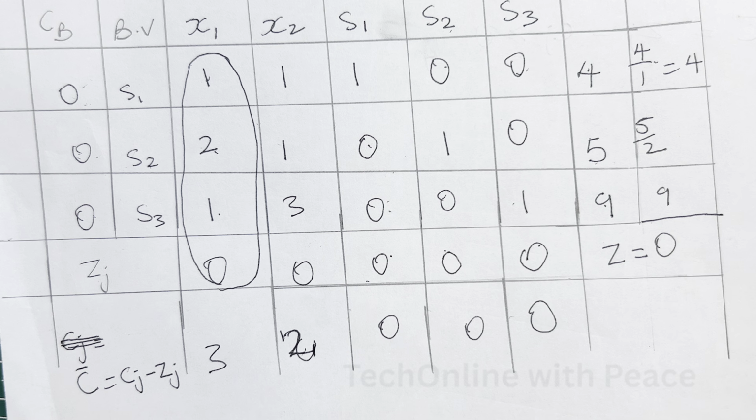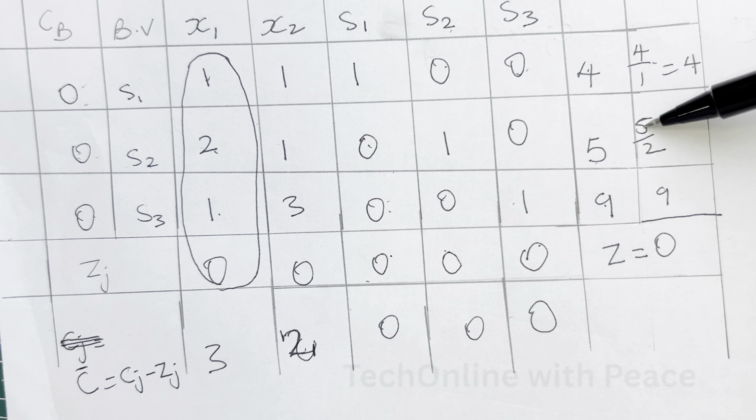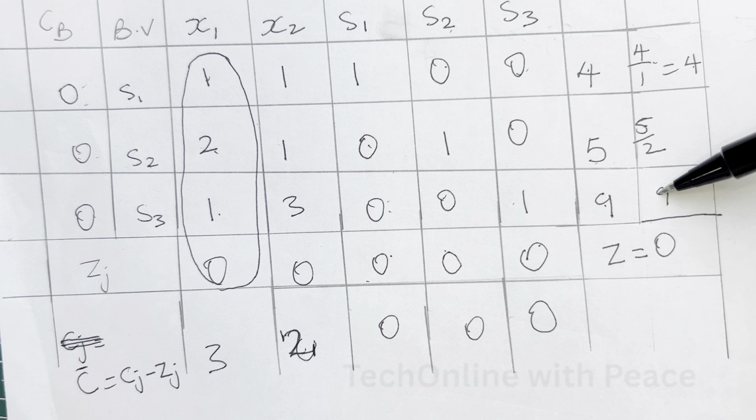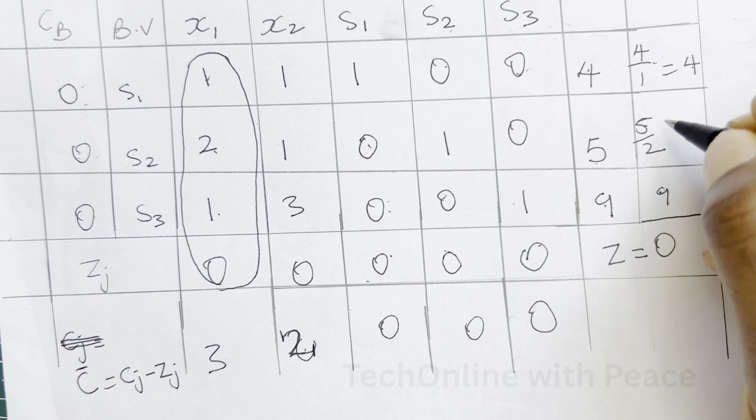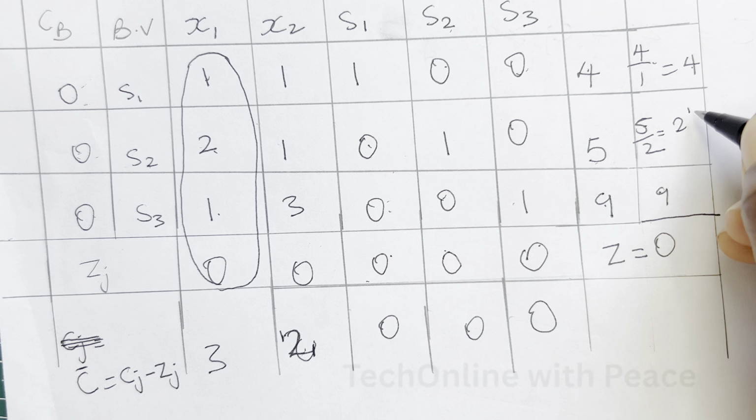So the next is to find our key row or pivot row. To find our key row, we need to get the least value. Between 4, 5 over 2, and 9, what is our least value here? Our least value is 5 over 2, because 5 over 2 gives us 2 whole number 1 over 2.